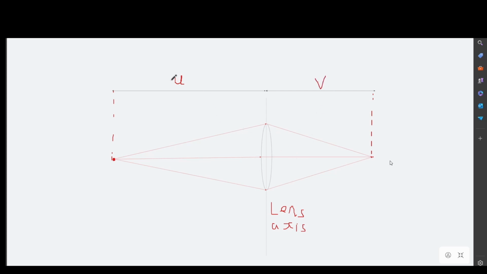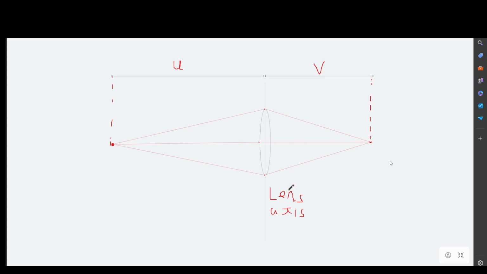It's worth noting, I'll get more on this later, that the value of the object distance is usually negative because it will be to the left of the lens. So everything to the left of the lens, or on the side of the object, is always going to be negative, but we'll get into that later. So lens axis here, not too important, and then object distance, image distance.